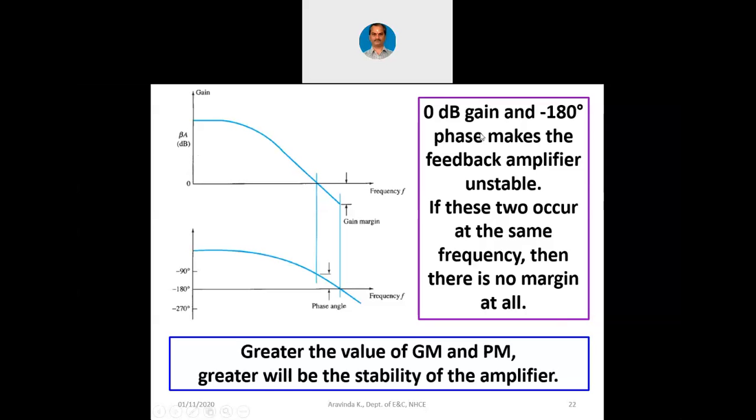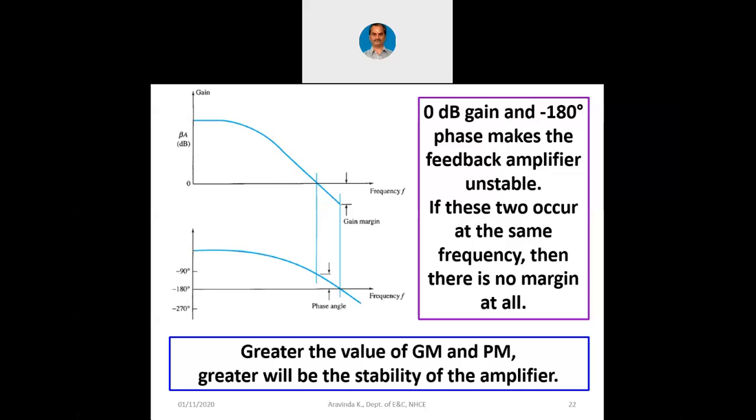So, 0 dB gain and minus 180 degree phase makes the feedback amplifier unstable. They should not happen together. 0 dB gain corresponds to unity gain, and minus 180 degrees corresponds to the phase shift. They should not happen together. Means A beta should never become minus 1. That is the idea here.